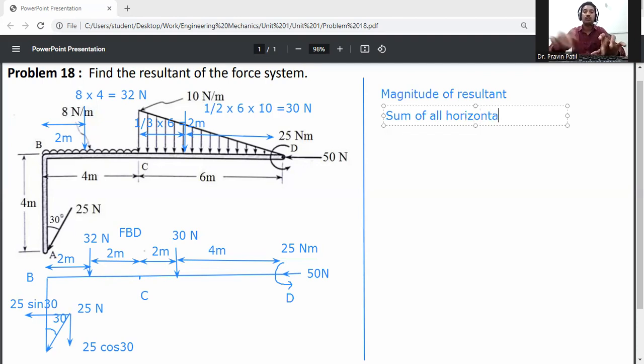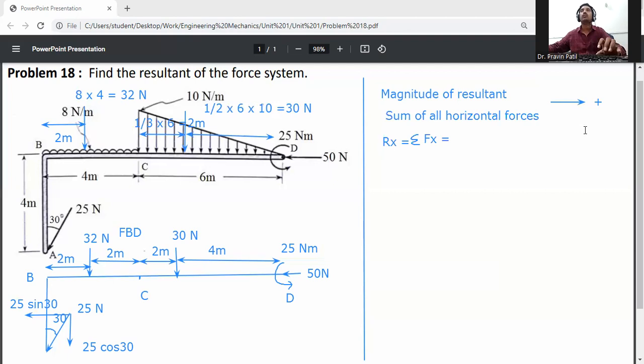Rx is equal to summation of Fx. When the force is going to the right side, it will be taken as positive. The direction of force to the right side is taken positive.